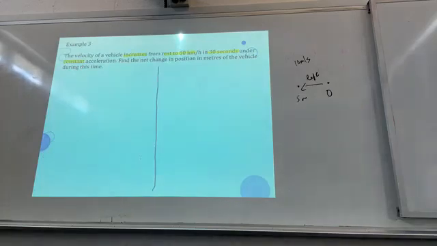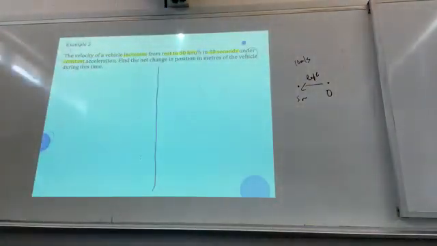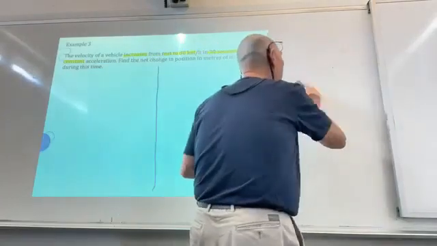Example 3, I've highlighted information. The velocity of a vehicle increases from rest, 0, to 80 kilometers per hour in 30 seconds under constant acceleration. Now, the word constant is important. Here, acceleration is a function, but it's a constant number.